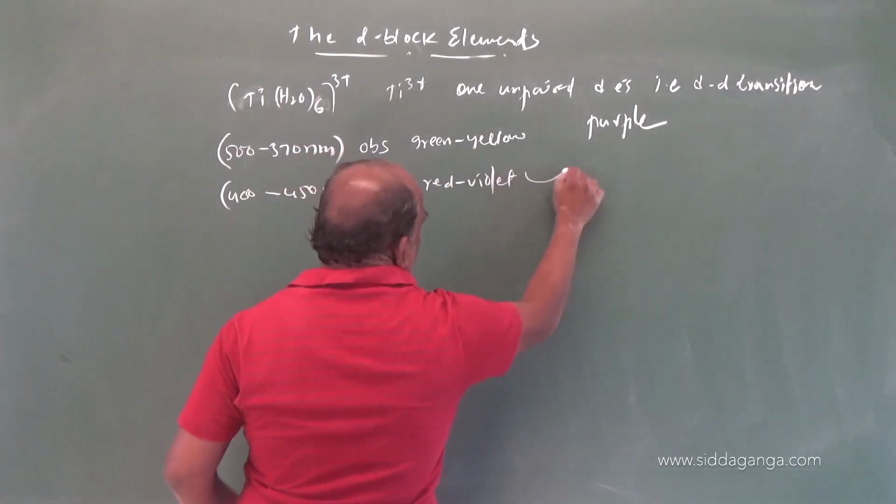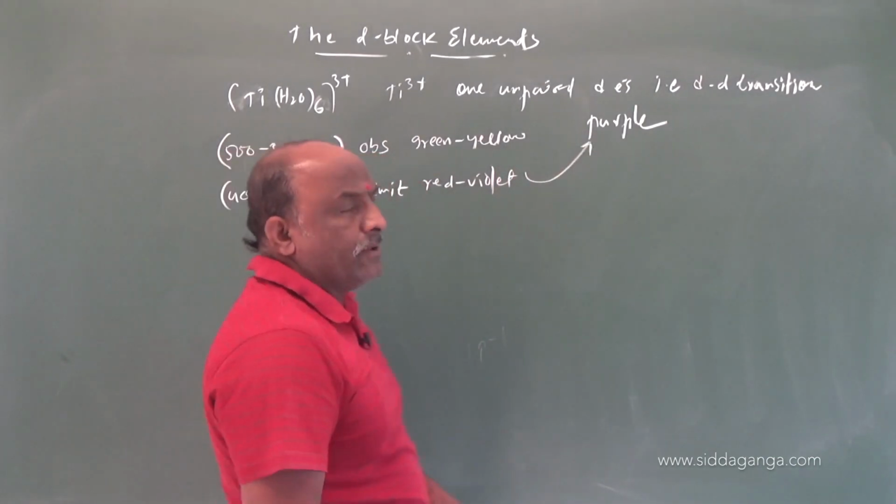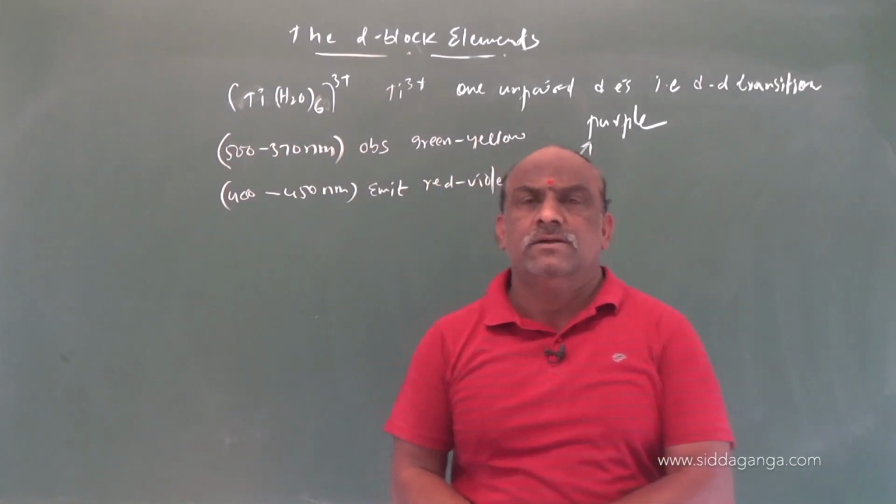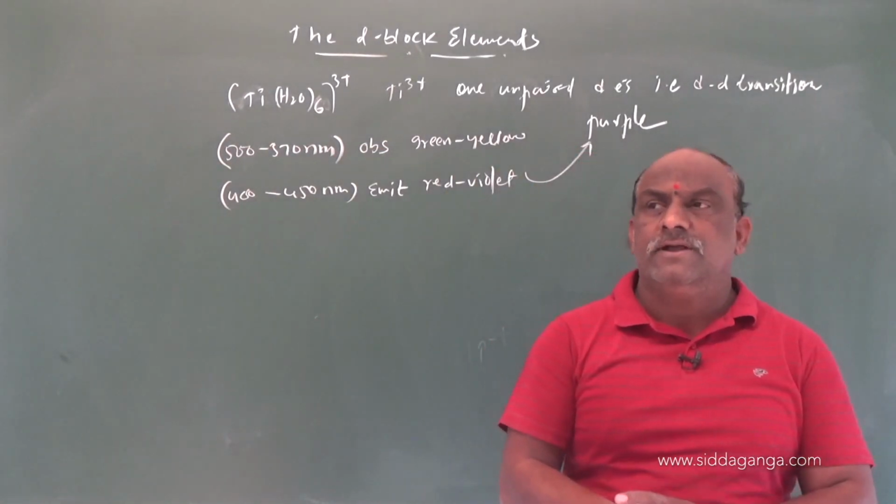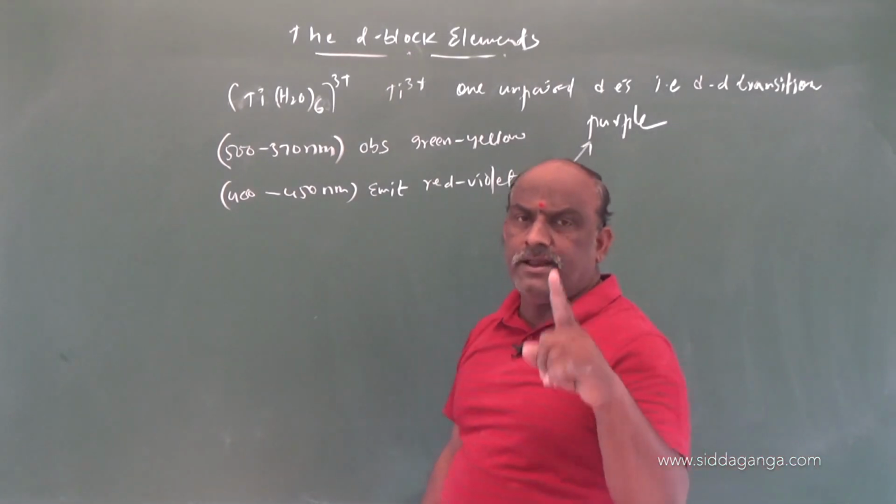Due to this, it is purple color. Ti3 plus is purple. Why is Ti3 plus purple? Due to the presence of one unpaired electron.